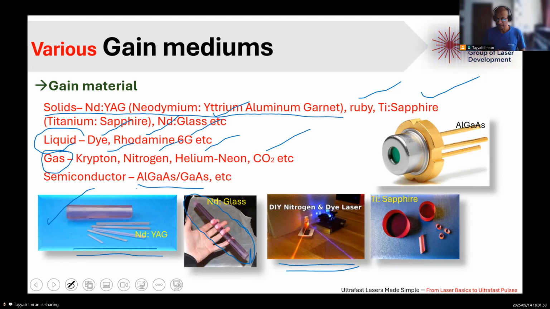These are the crystals. Titanium sapphire is a gain medium. And in the case of a diode or semiconductor, this is how it looks. So these are the kinds of gain mediums, and they have to be used within the cavity for laser action.